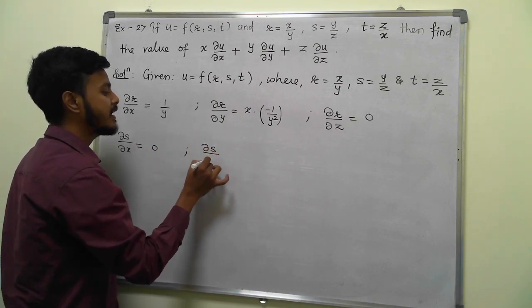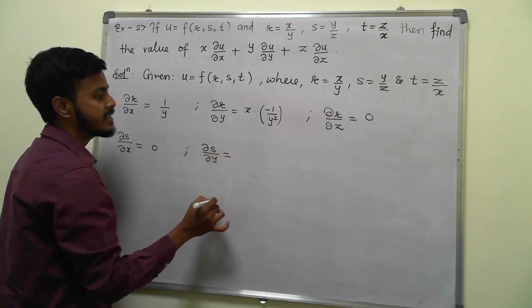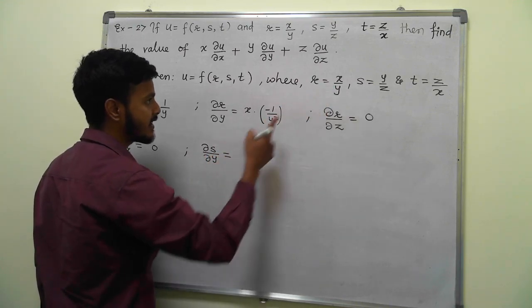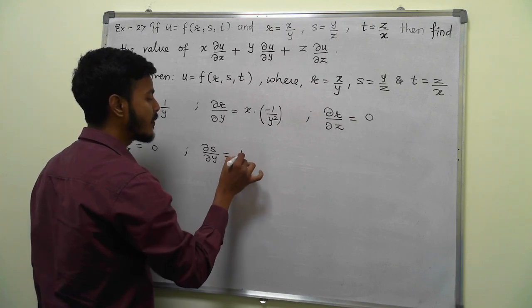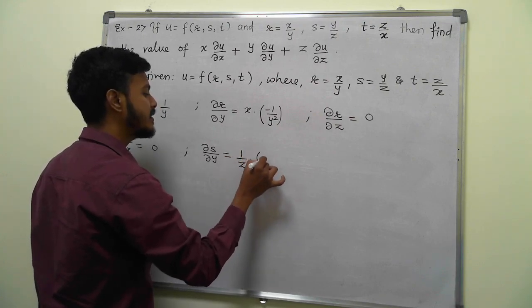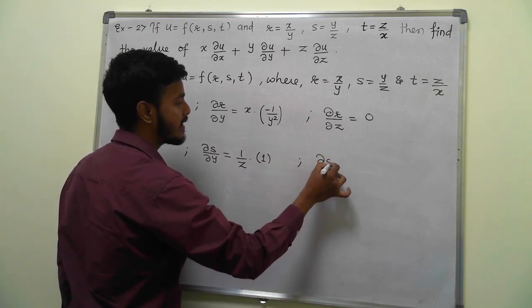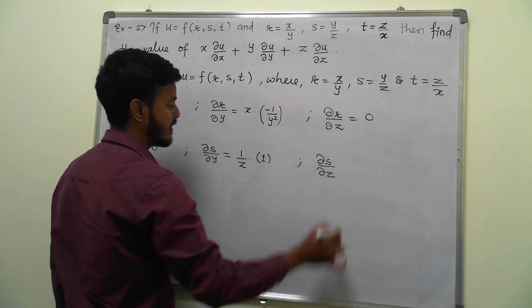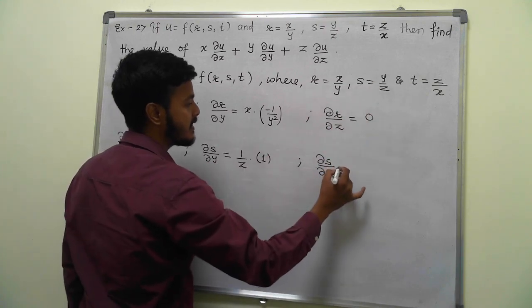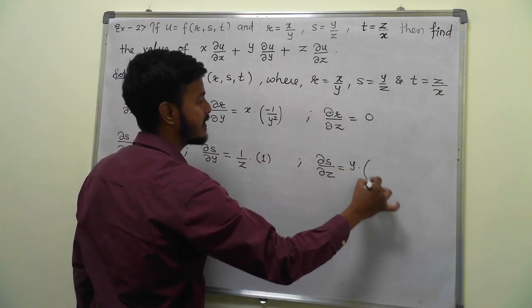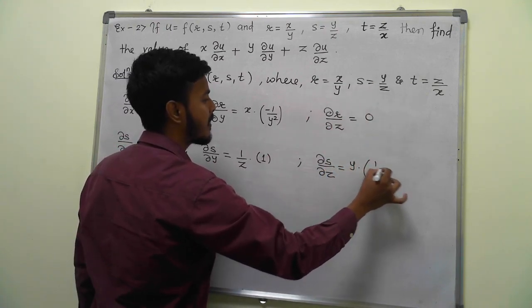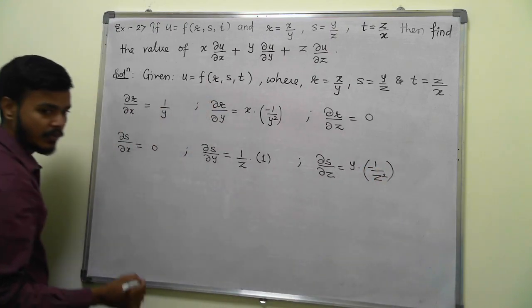Del s by del y. So y is there, so derivative of y is 1. 1 by z is constant, derivative of y with respect to y is 1. And del s by del z, there is a term of z, so y is constant, derivative of 1 by z is minus 1 by z square.